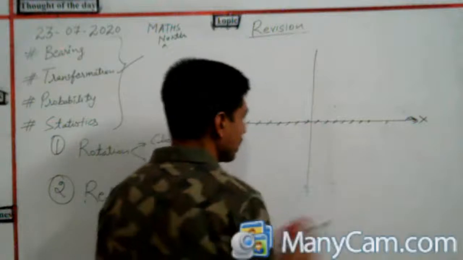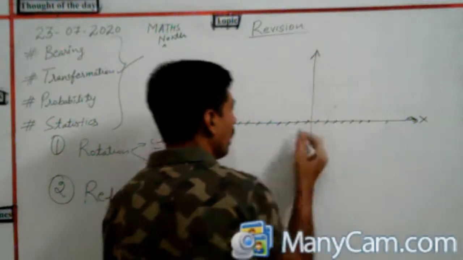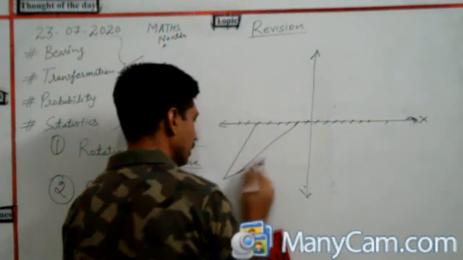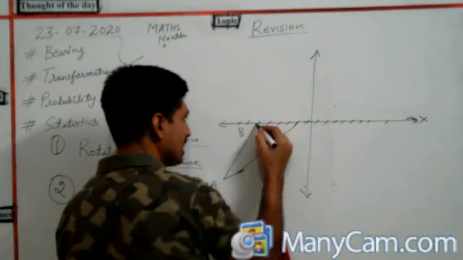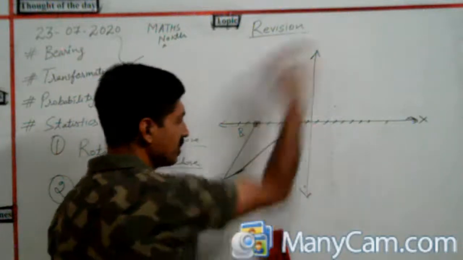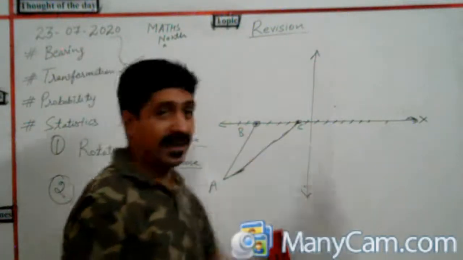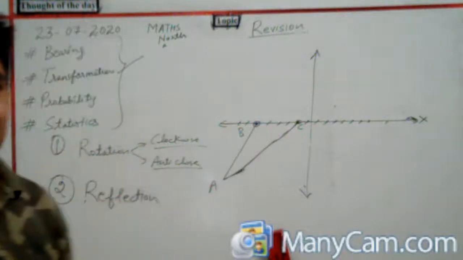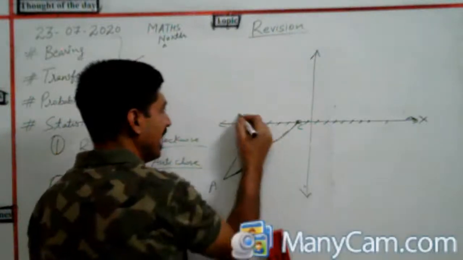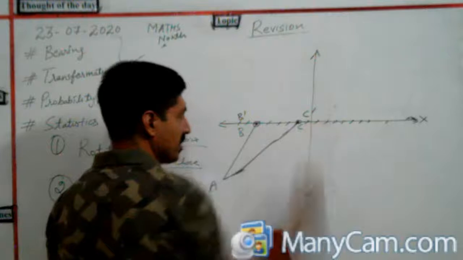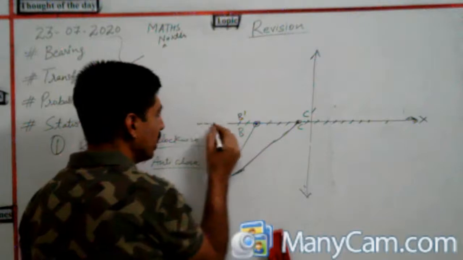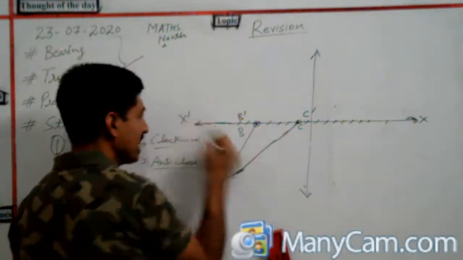In that case, suppose you have the object A, B, this point is B, this point is C. How is the image formed, or how to find its reflection? Its reflection will be in the above quadrant. B dash remains the same, C dash remains the same. Now for A, we will find this perpendicular distance here on the x-axis.